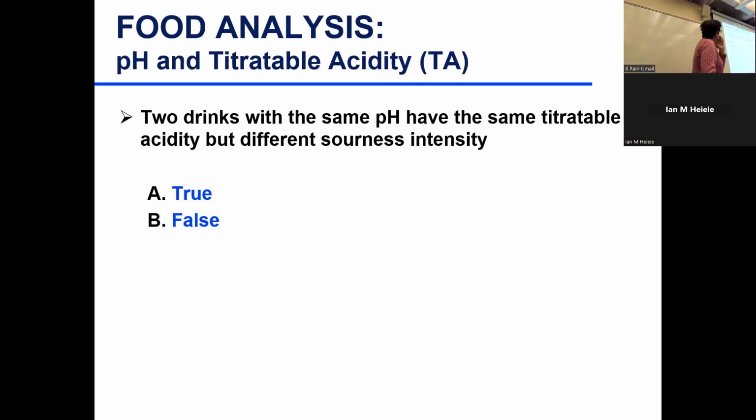So 2 drinks, they have the same pH, the same titratable acidity. Could they have different sourness if there is no sugar, no additive, no nothing? No.